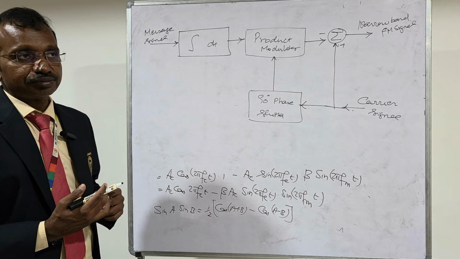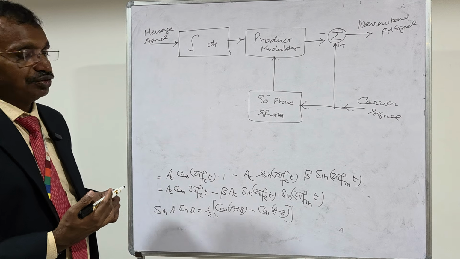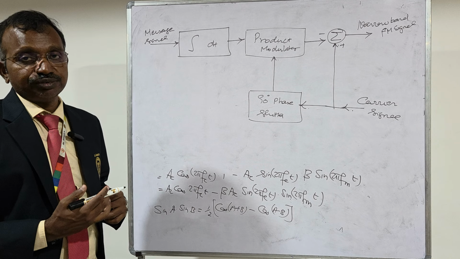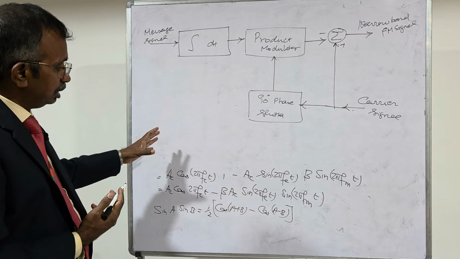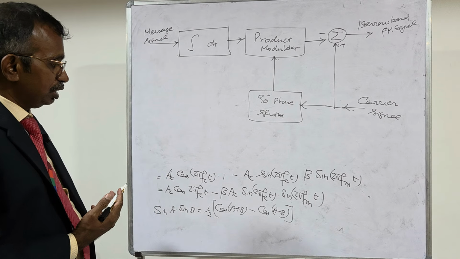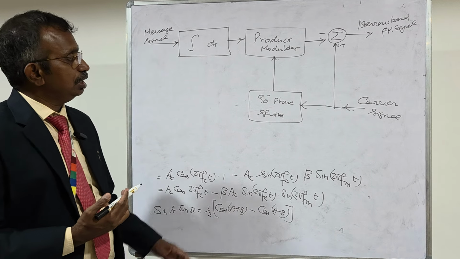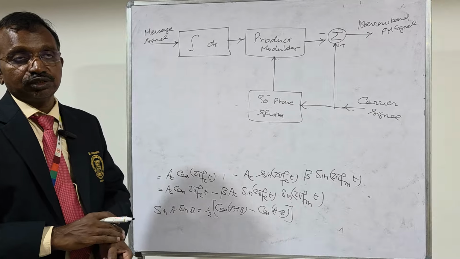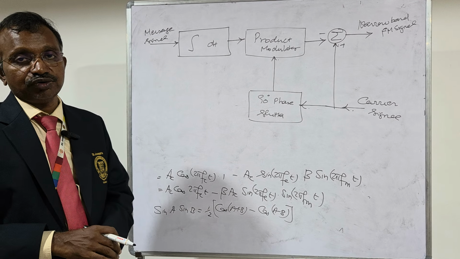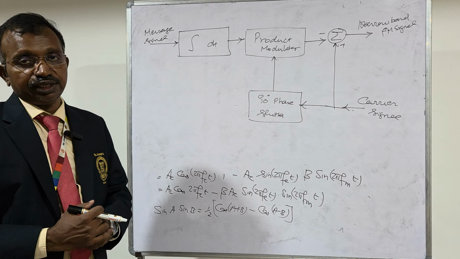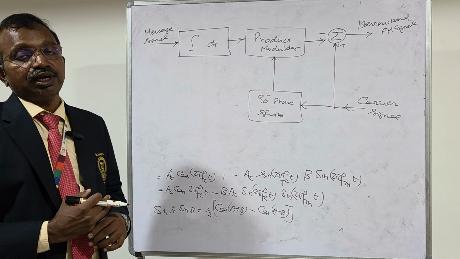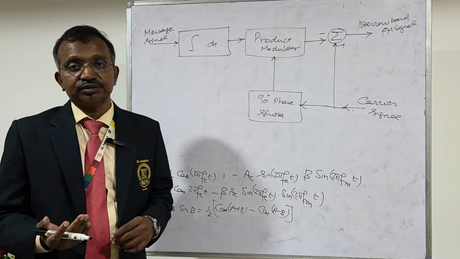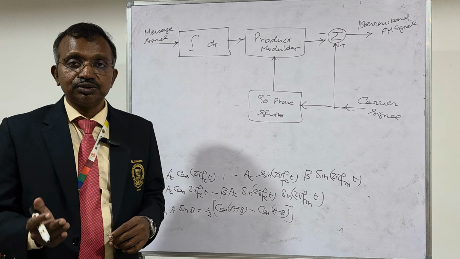We can classify FM as narrowband FM signal and wideband FM signal. Then we have derived the equation for the narrowband FM signal, and we have seen the spectrum of the narrowband FM signal consists of the unmodulated carrier, and then the lower sideband and upper sideband. So it is very similar to the AM signal.